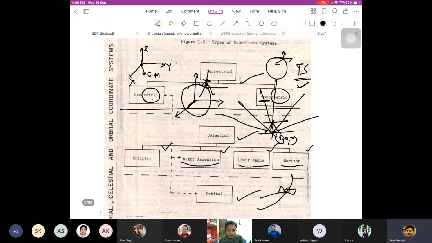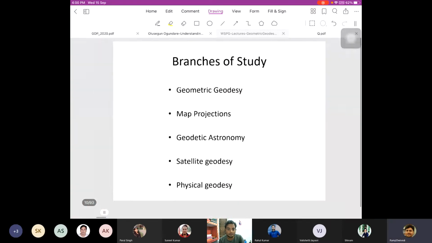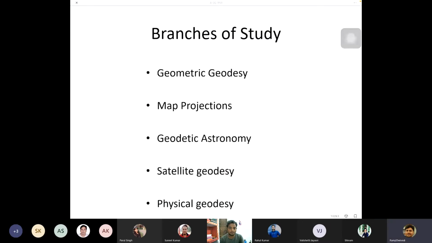Okay, so I think it is clear now. We can move ahead. We are more interested in these four branches of study as we go ahead in studying the so-called geodesy aspect.